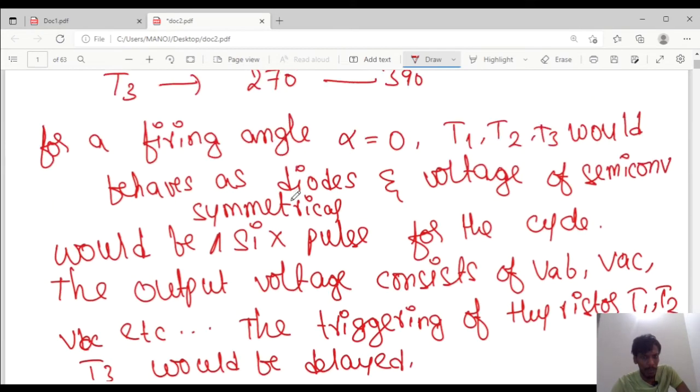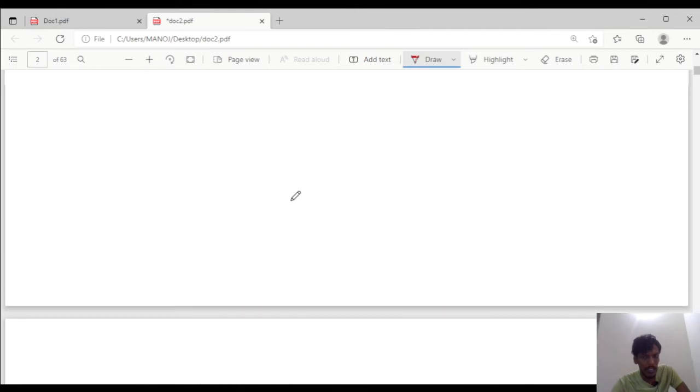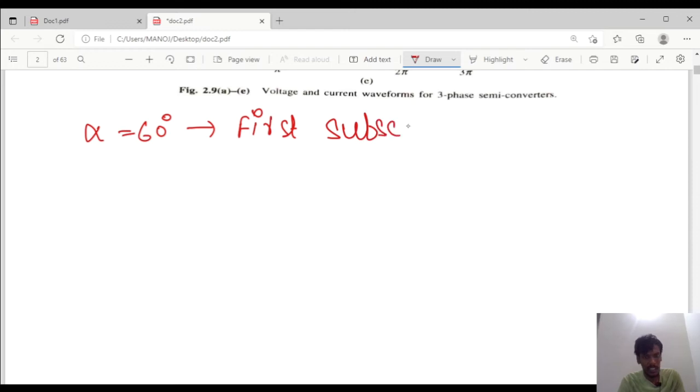Next we will move on to alpha equal to 60 degrees. When alpha equals 60 degrees, in the conduction the first subscript indicates the positive group element.